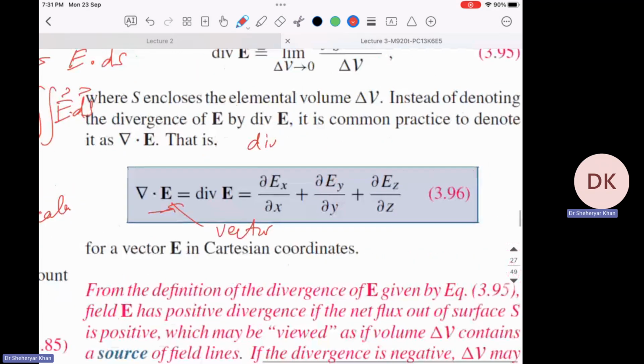Can you spot some differences of divergence with respect to gradient? Can you recall the gradient formula, compare, and tell me the difference? Please look at the gradient formula and then tell me what the differences are.